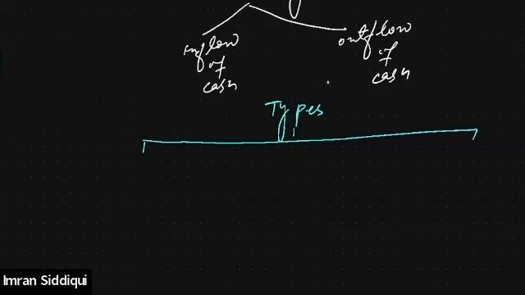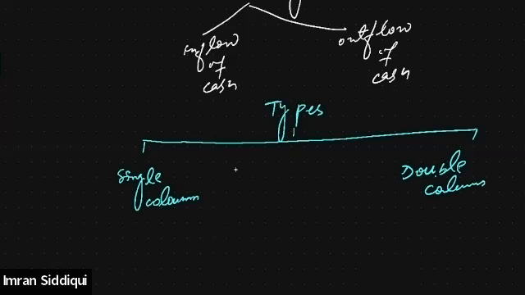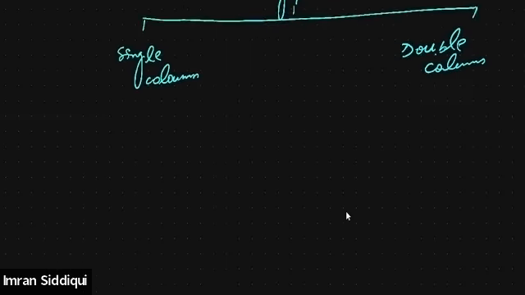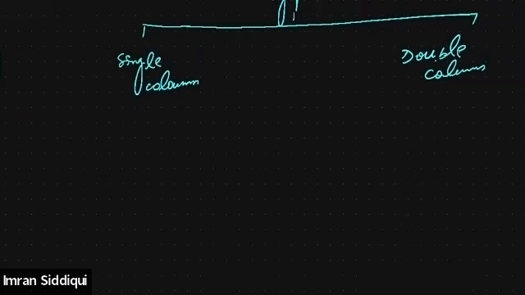First is the single column cash book, and then we have the double column cash book. So what is the difference between them?